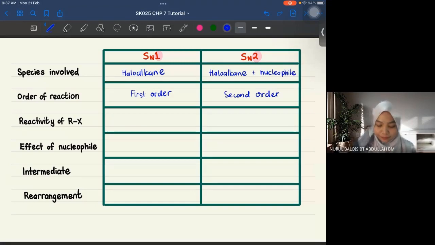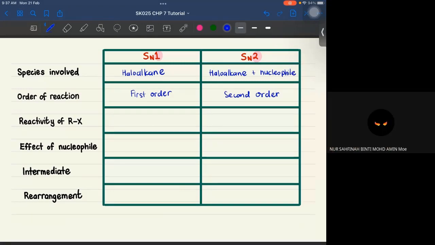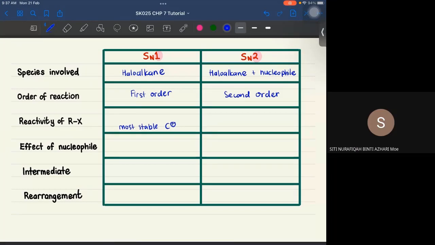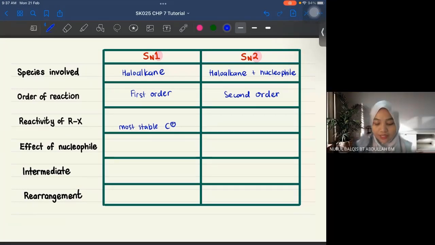Kita tengok apa? Class. Most stable carbocation kan? Betul. Okay, so jadi kalau kita tunjuk reactivity, who's got the greatest stability out of the 4 species? Siapa paling tinggi reactivity dia?